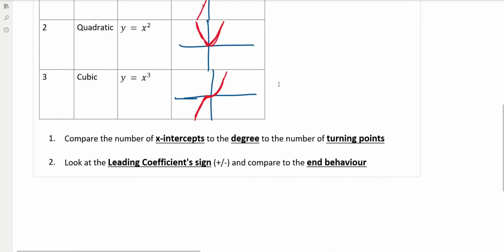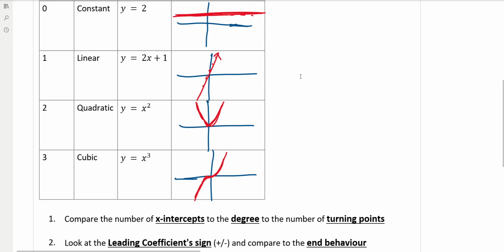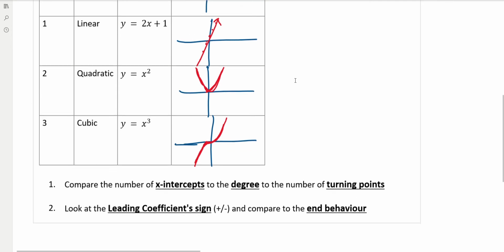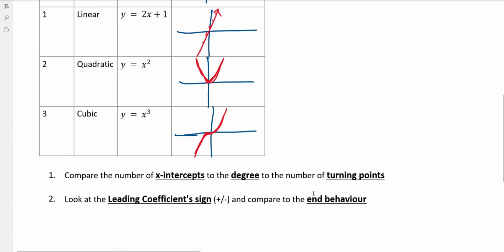All right. So compare the number of x-intercepts to the degree, or not to the number of turning points. So depending on the graph that you have, you can see different things. But let's just take a look at some graphs here. So look at the leading coefficient and sign compared to the end behavior.